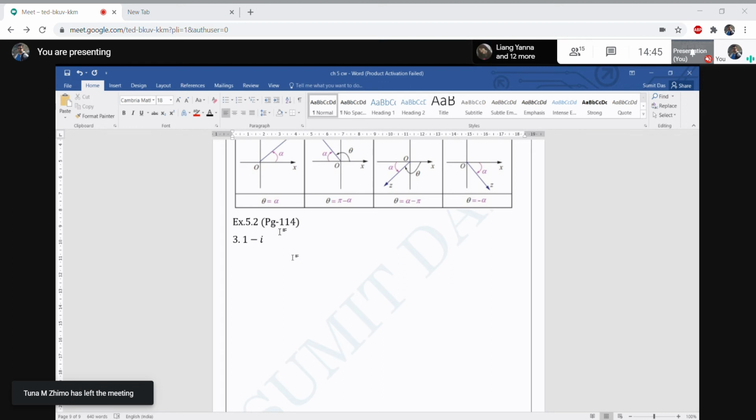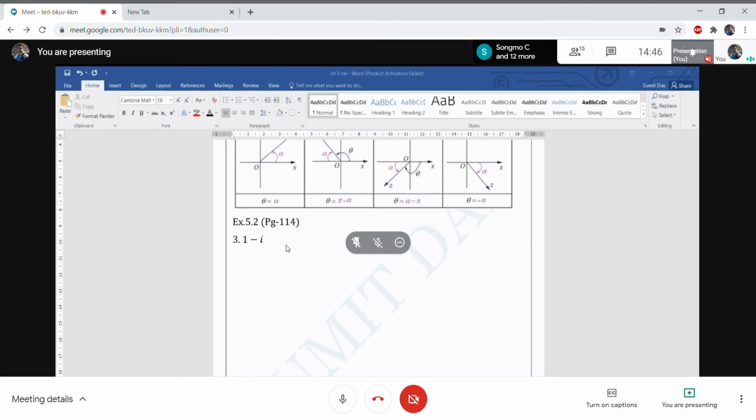First we have to decide in which quadrant this number is. So can anyone please tell me in which quadrant this number is situated? 1 minus i, in which quadrant is this number lying?